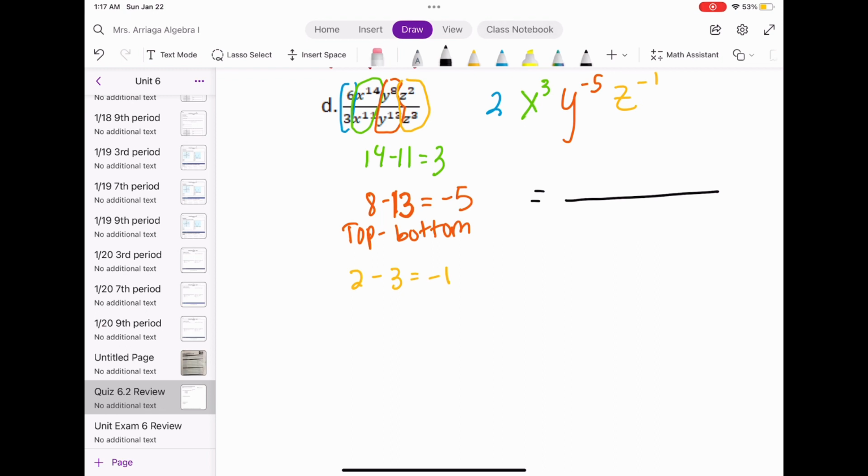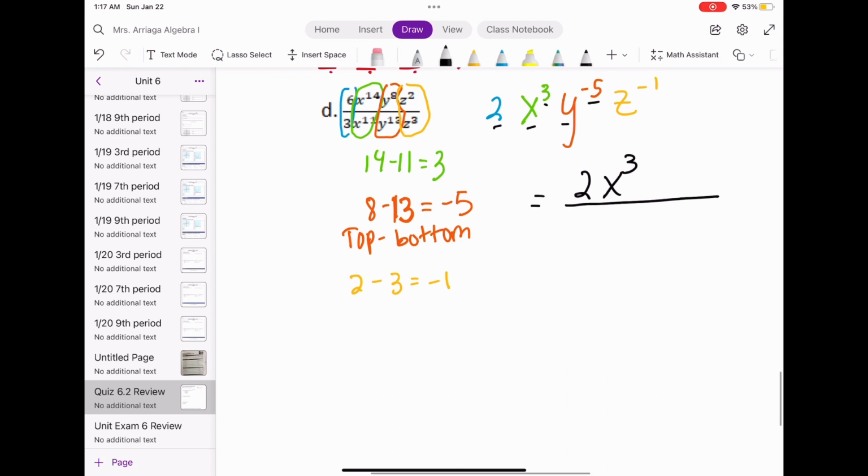So that 2 has a positive exponent, so we keep it on top. That x has a positive exponent, so we keep it on top as well. But that y has a negative 5. So the way to change that exponent to a positive 5 is by flipping it. And if it's on top, then that means that now you put it in the bottom.